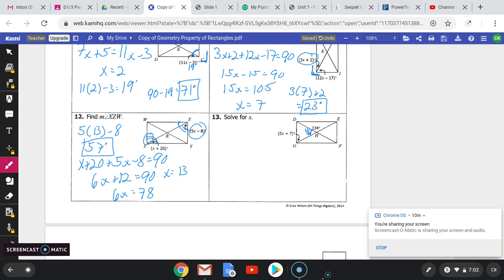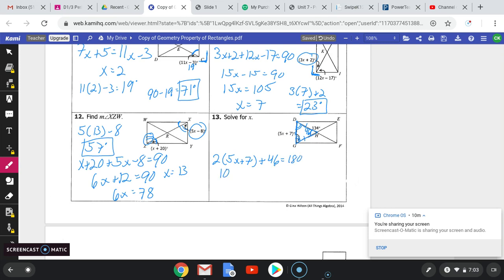Remember what we talked about before in part 1? This is an isosceles triangle, which means these two angles here are the same. I have all three pieces of information for my triangle here, so I can add them together and set equal to 180. So basically 2 times 5x plus 7, because that occurs twice, plus 46 equals 180.